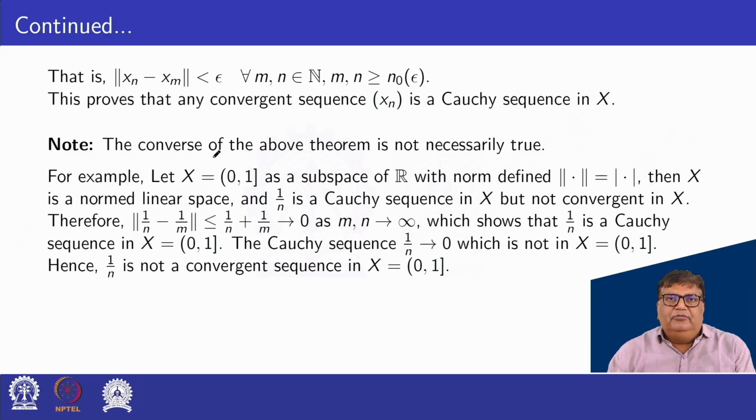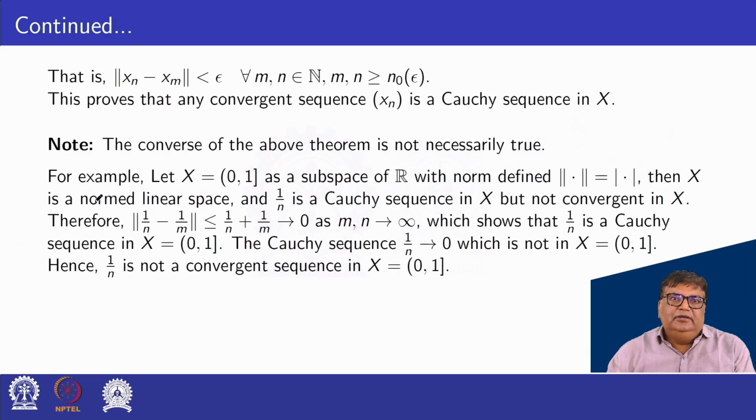Noting point, the converse of the above theorem is not necessarily true. For example, let X equal the semi-open interval (0,1] as a subspace of R with norm defined as the modulus, that is, for any point of X, the norm of the point is equal to the modulus of the point.